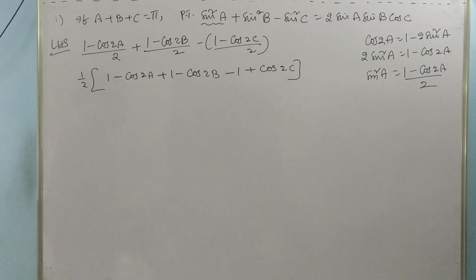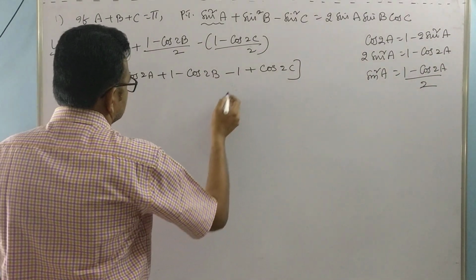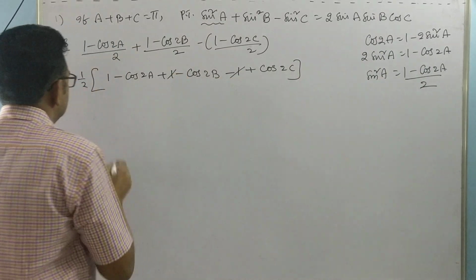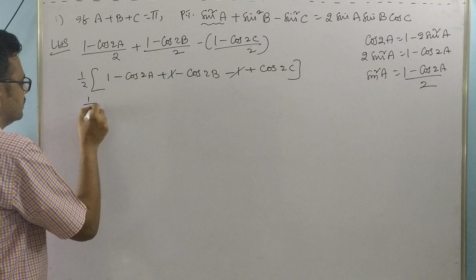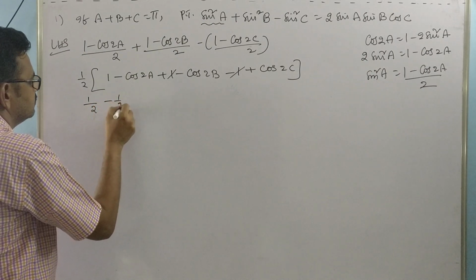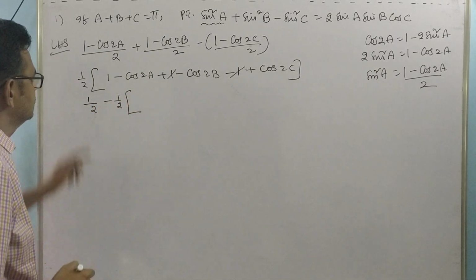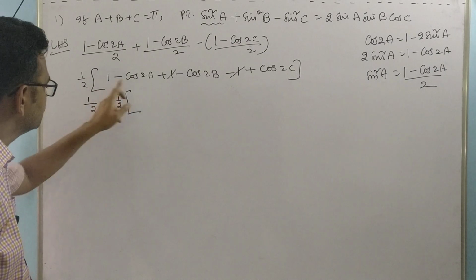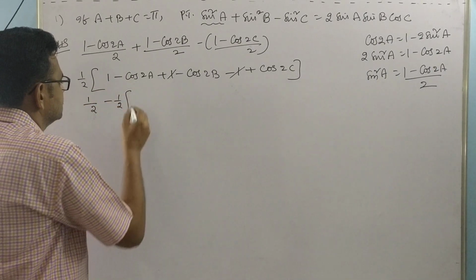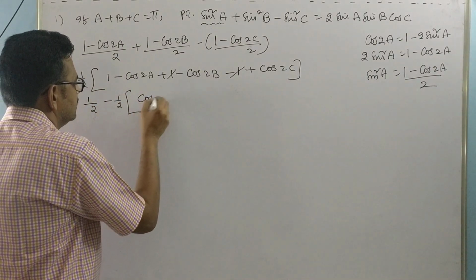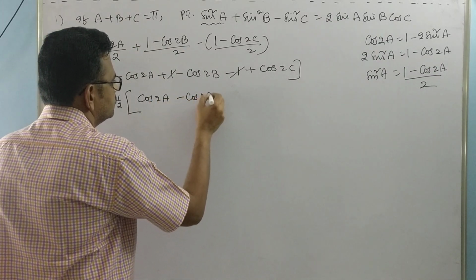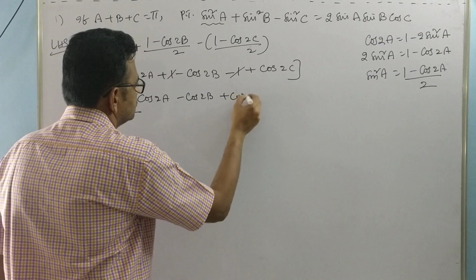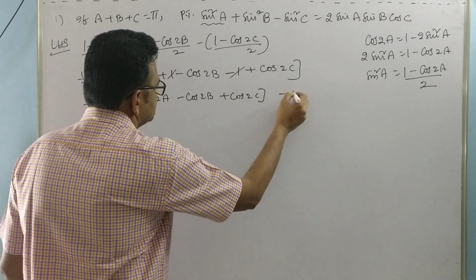The 1 gets cancelled, so this is 1 by 2 of 1 minus 1 by 2 of cos 2a plus cos 2b minus cos 2c. Let this be 1.